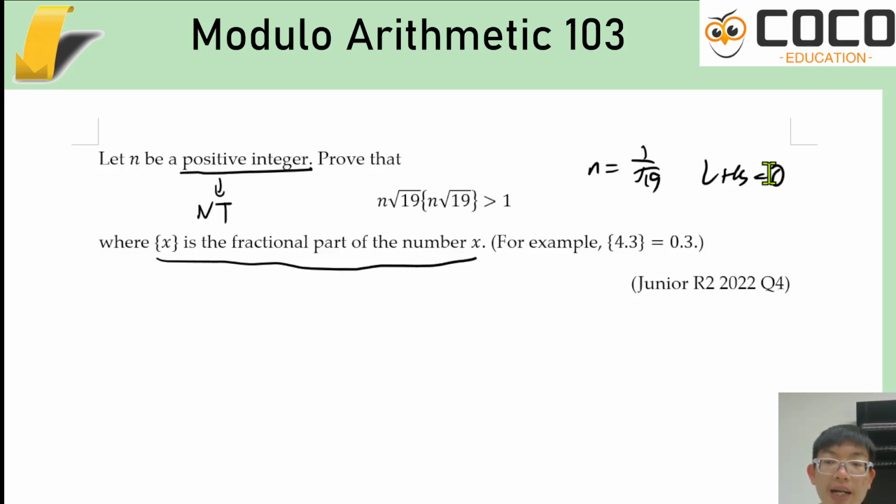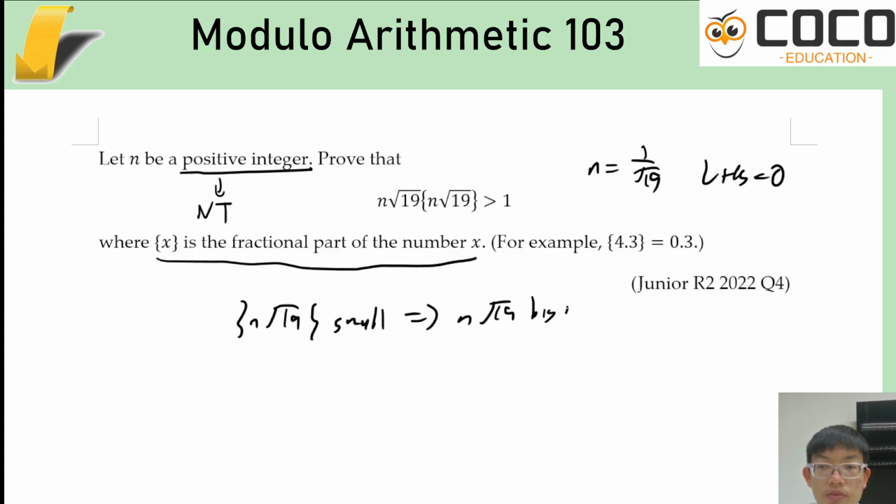So, my thinking is that why is this always going to be greater than 1? It must be that if this is small, then this must be big enough. Now, how would this be small? Well, this would be small if n root 19 is very close to an integer, but just a little bit.